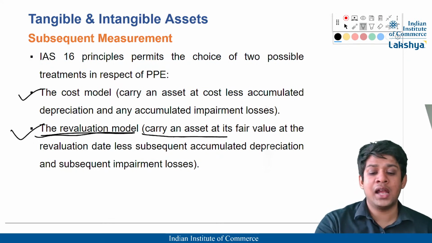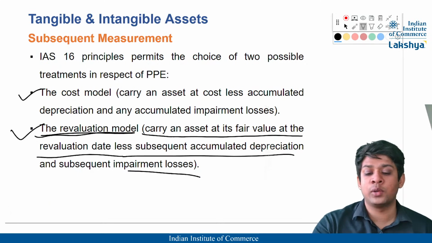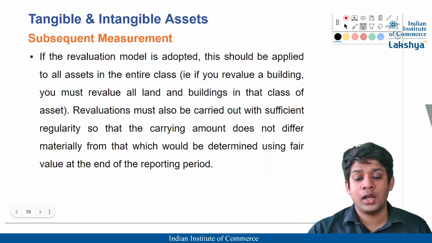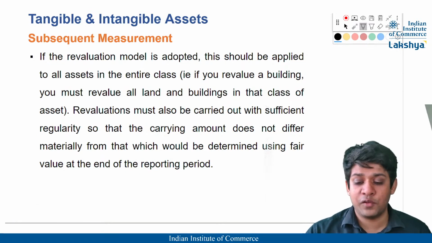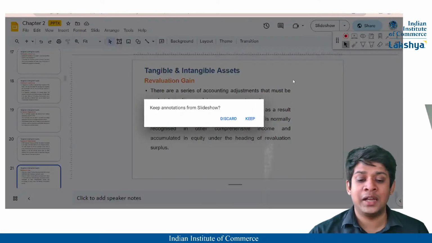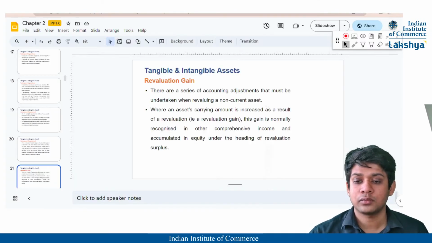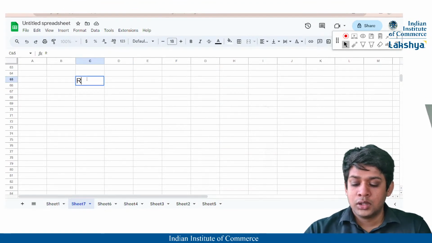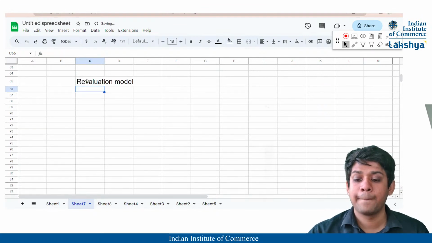So carry an asset at its fair value at the revaluation date less subsequent accumulated depreciation and impairment losses, right? So before going forward, let us do a sum on it. I'll explain it to you through the sum. Revaluation model.